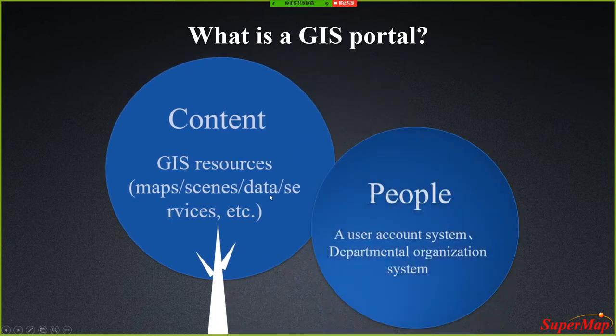Okay, in terms of the content, it includes various GIS resources, includes the maps, scenes, data, and services, and so on. And in terms of the people, it also has the user account system and the departmental organization system.